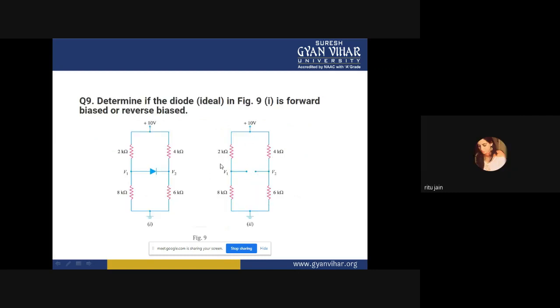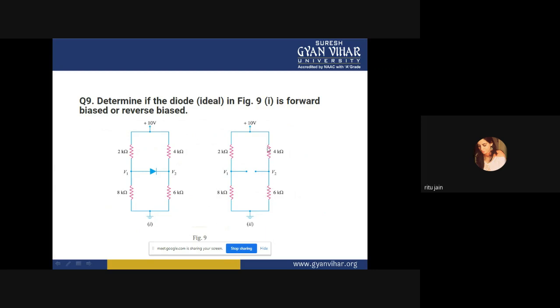You can see this from this diagram, if you want to apply the voltage division rule. Now, what is the voltage division rule? When two resistances are connected in series, the voltage across these two resistances will be different.